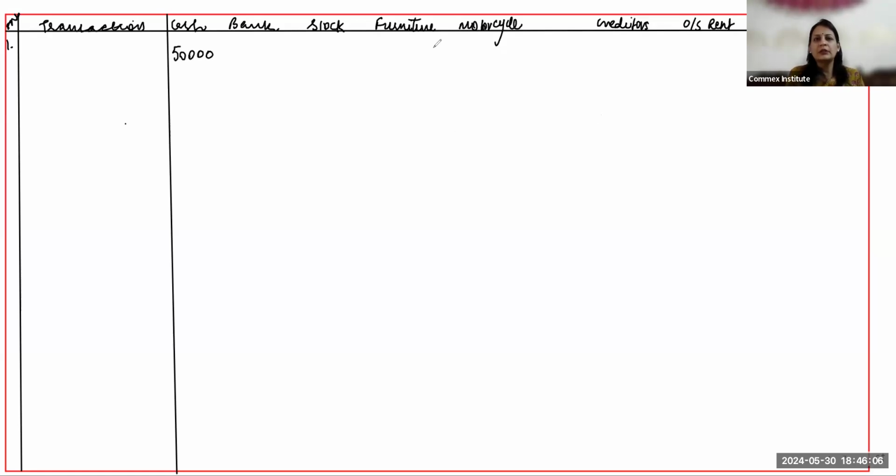So both the sides, I can put over here my assets is equal to my liabilities plus capital. The creditor for furniture I'll put 2. Liabilities plus capital. So here I have got my furniture creditor.